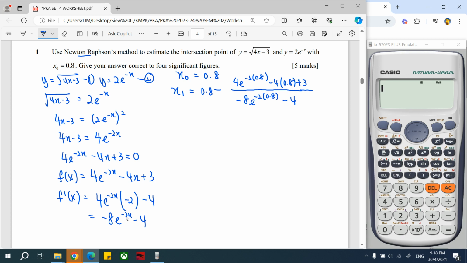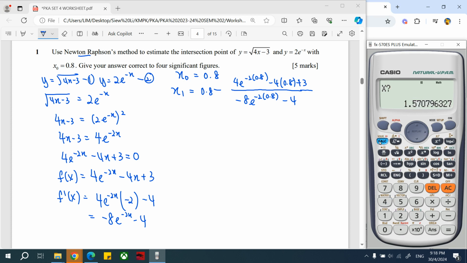Then we formulate it using the calculator. It will be Alpha X minus the fraction where our function is 4 exponential of minus 2 Alpha X, then minus 4 Alpha X, and then plus 3, over negative 8, then exponential of negative 2 Alpha X, then minus 4.